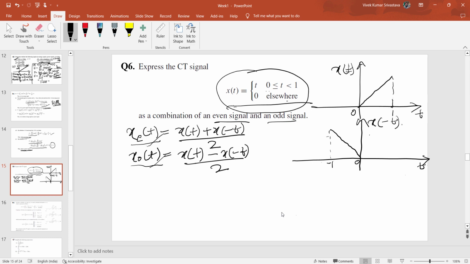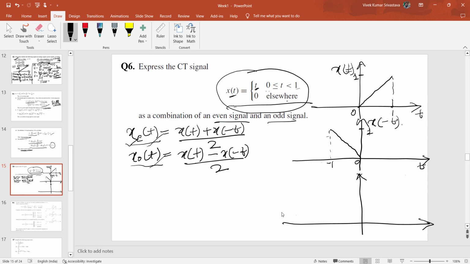Now once you know these two signals, you just take the summation of these two signals and divide it by 2 so as to determine the even part of this signal. So we will first add these two signals. Here the amplitude we can write as 1, because at t equals 1, the x of t value will be equal to 1.